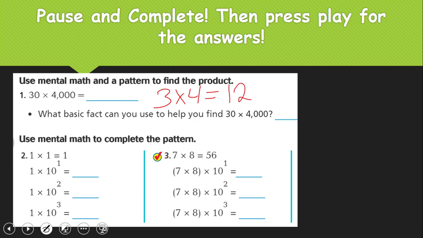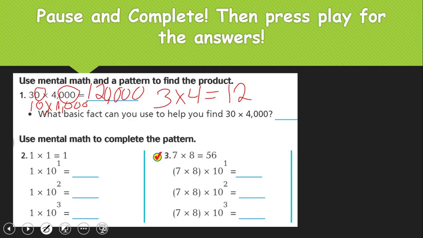Then, because you have your basic fact and the number of zeros here, you can place your answer. Remember, this is 30, which is in the tens place, and this is 1,000 over here. When you multiply those together, you get 10,000.